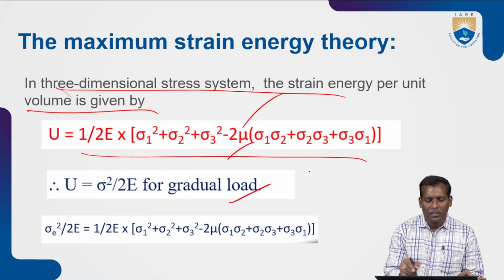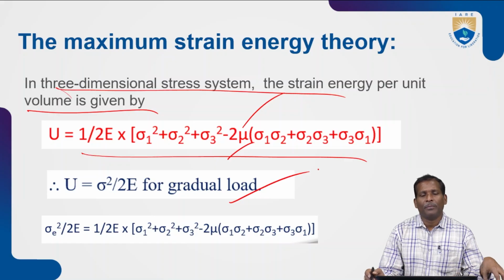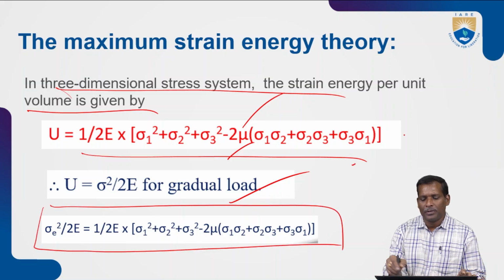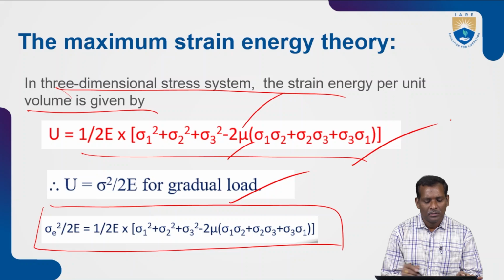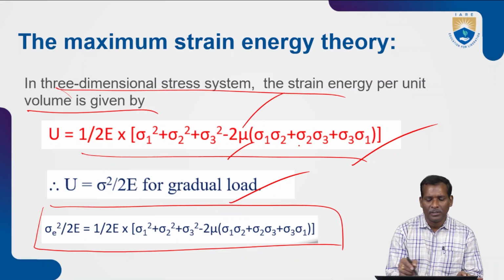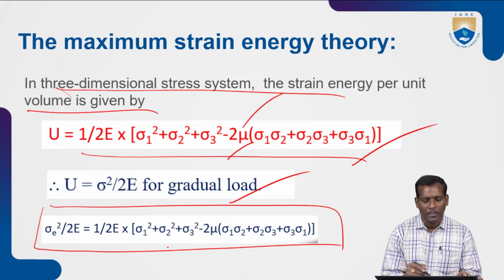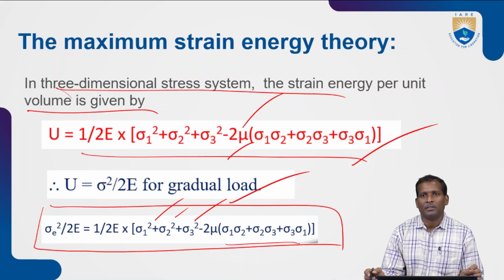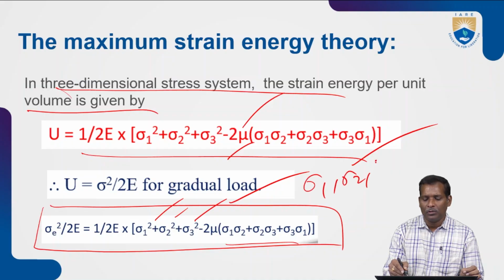Here U is sigma square by 2E per gradual load, that is the strain energy. Substituting in the equation in place of U, the remaining equation is the same: 1 by 2E into (sigma 1 square plus sigma 2 square plus sigma 3 square) minus 2 mu into (sigma 1 sigma 2 plus sigma 2 sigma 3 plus sigma 3 sigma 1). This is triaxial loading, and sigma 1, sigma 2 and sigma 3 are principal stresses.